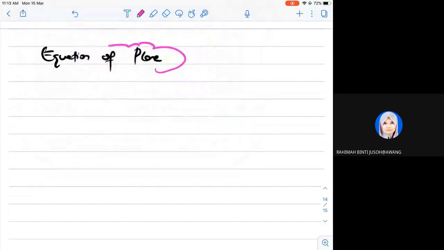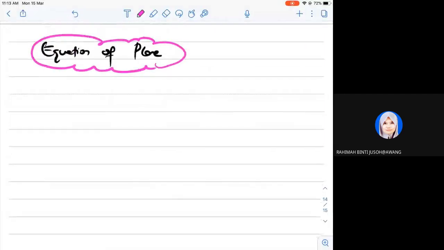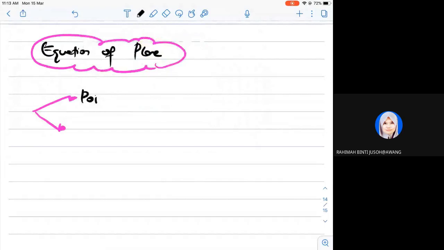Earlier we needed P0 and V. But in this case, again, we need two things. Point P0, the same X0, Y0 and Z0.